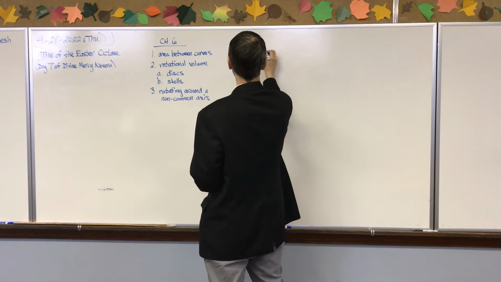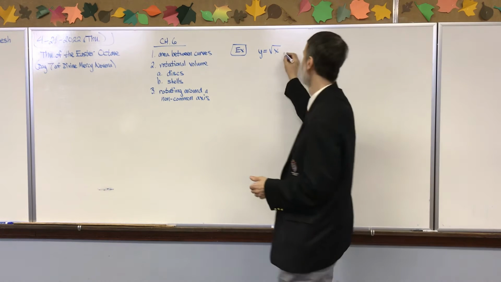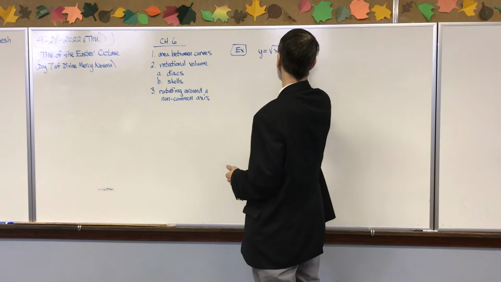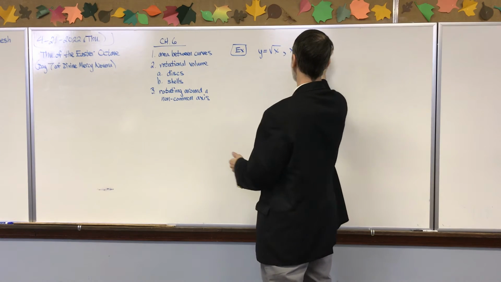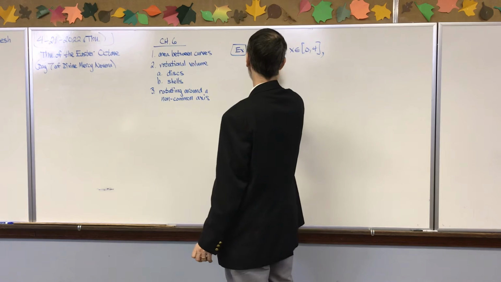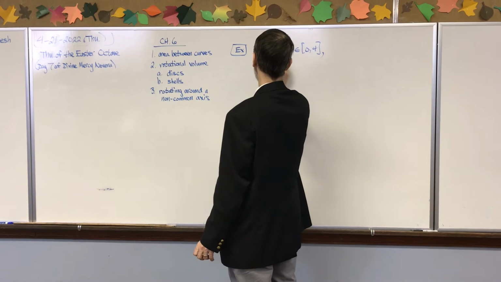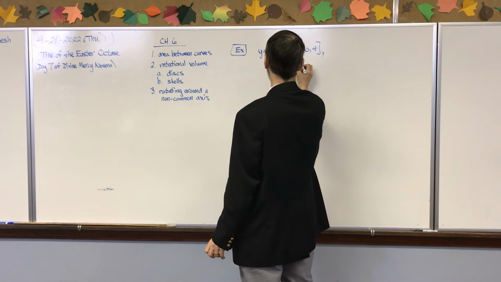let's say we have y equals radical x. Let's make it nice and easy. And I'm going to restrict it from 0 to 4. And I want to revolve about the y-axis.